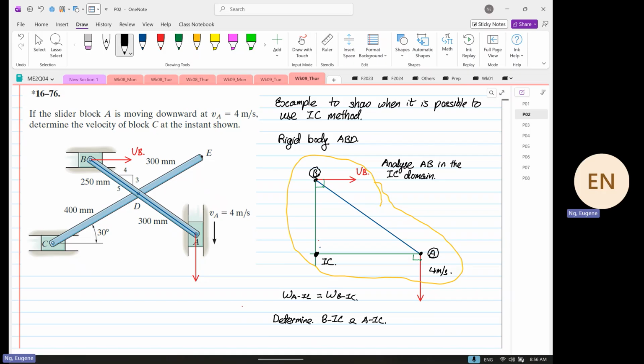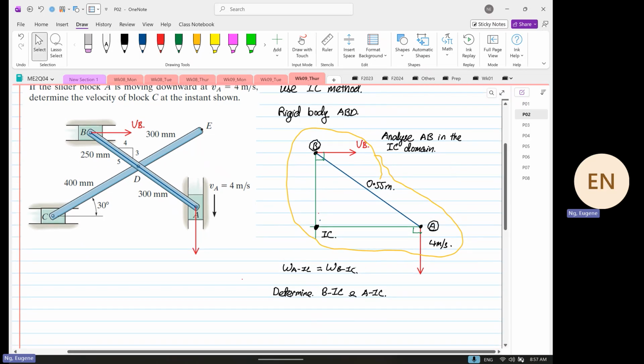And we know that this is equal to 300 plus 250, which is 0.55 meter. So we don't need to use the angle down here.